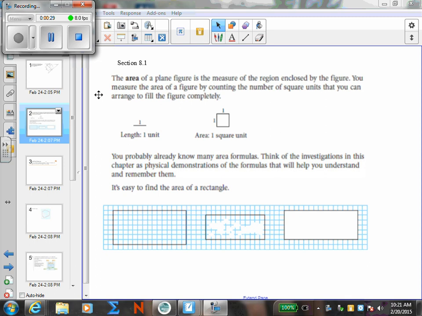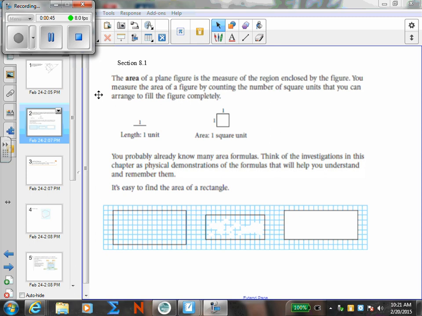So the area of a plane figure is the measure of the region enclosed by the figure. You measure the area of a figure by counting the number of square units that you can arrange to fill the figure completely.